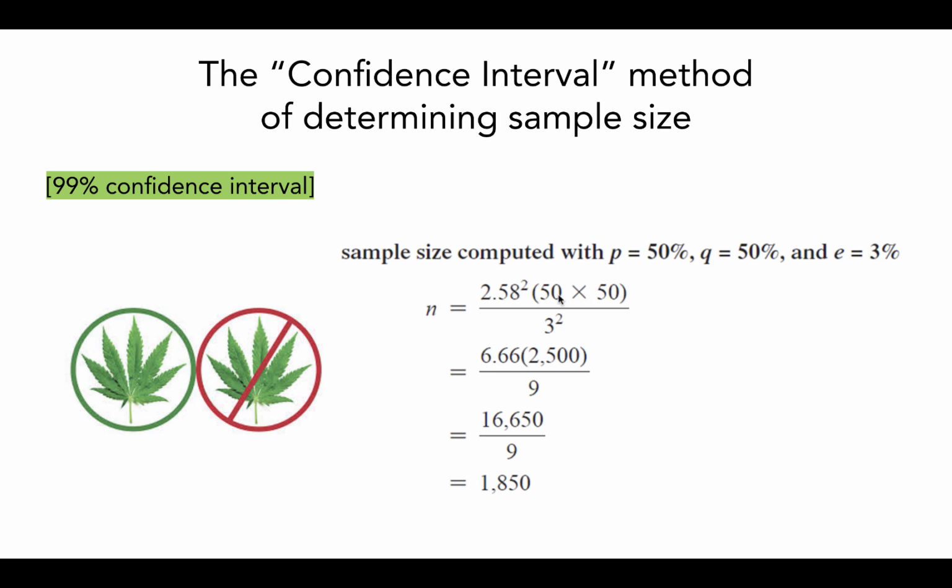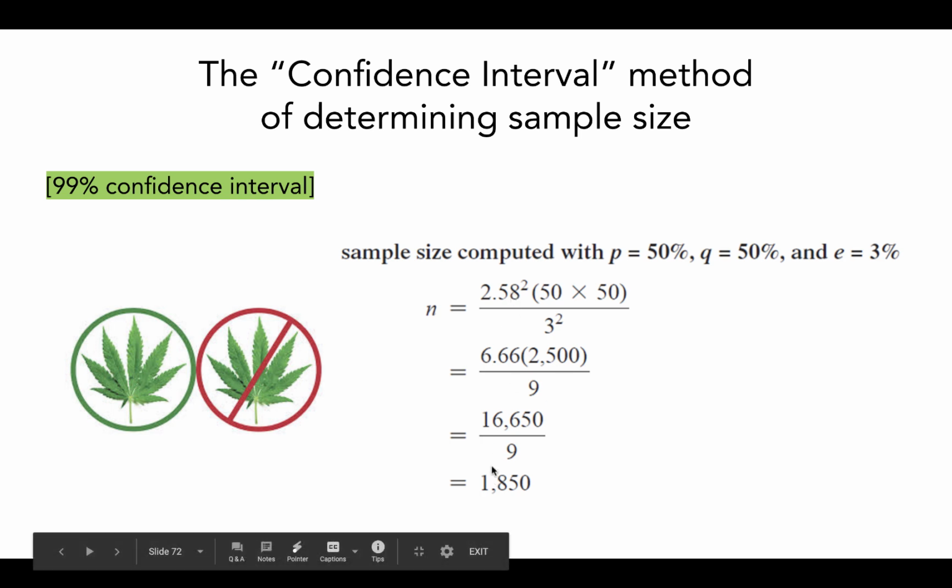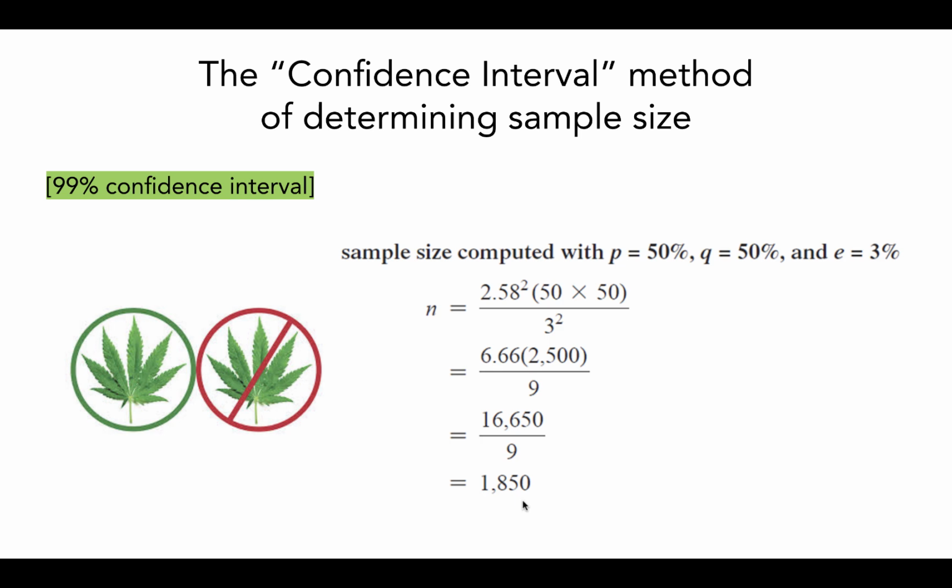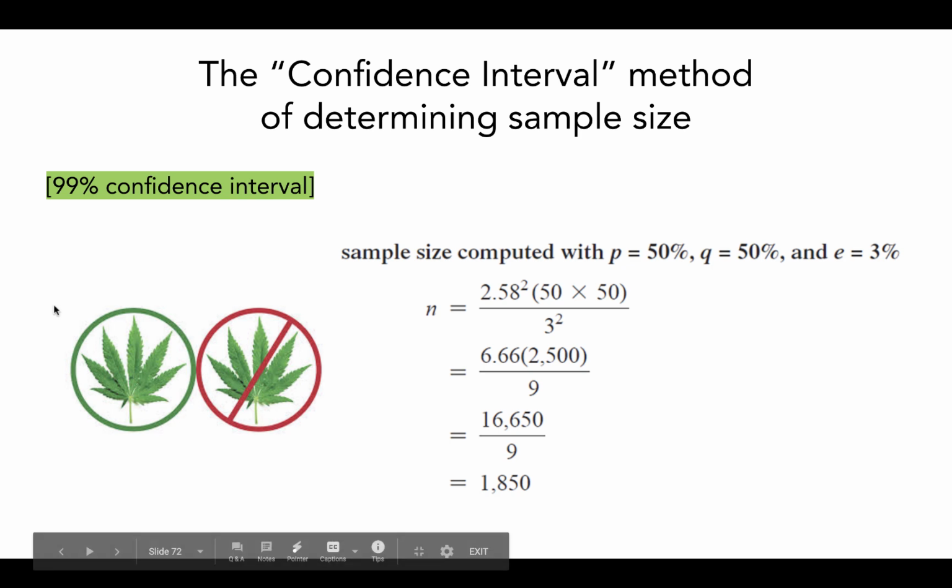Variability remains the same, 50-50, the worst case scenario, and our tolerated sample error is 3%. We calculate this formula, and now our sample size needed is 1,850 people. Of course this has implications: you have to collect more data, more respondents to your survey, just because you want higher confidence in your results.